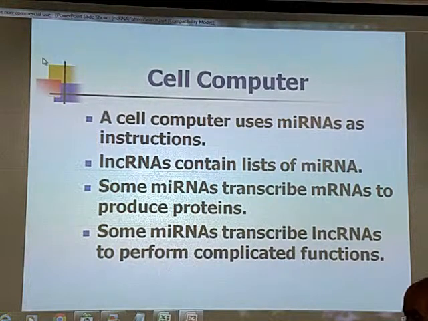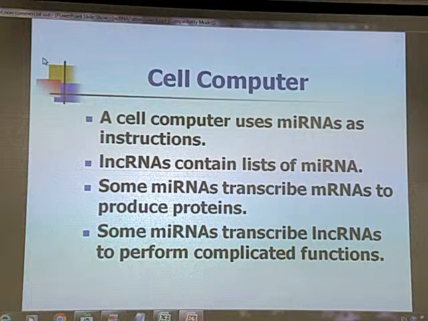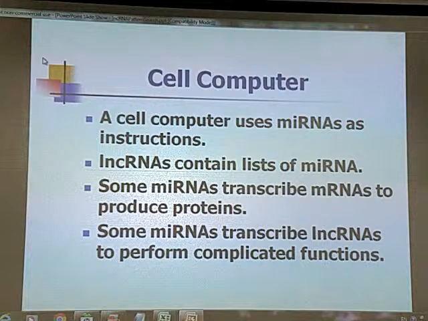So my proposition of a cell computer is that each cell is a complete computer. The computer has code, and the code is stored in DNA. And what kind of form is this code in?